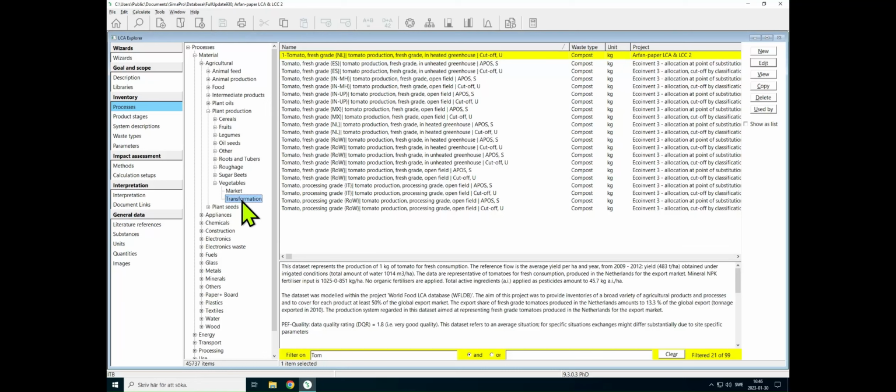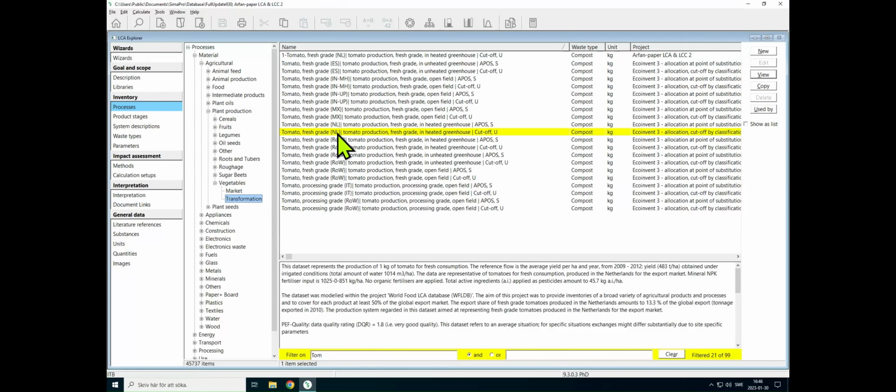In transformation processes, you can find tomato production representing a particular location, for example India, Mexico, and the Netherlands, and we have system and unit processes. I have another video about the difference between system and unit processes, but in this video we are more interested in the difference between market and transformation processes.